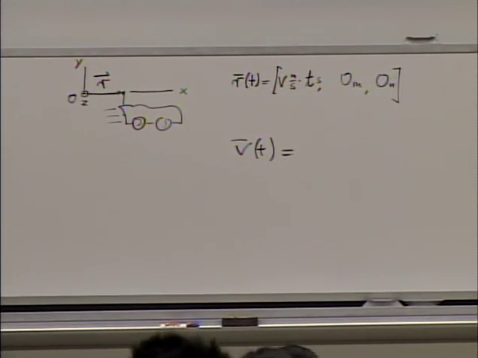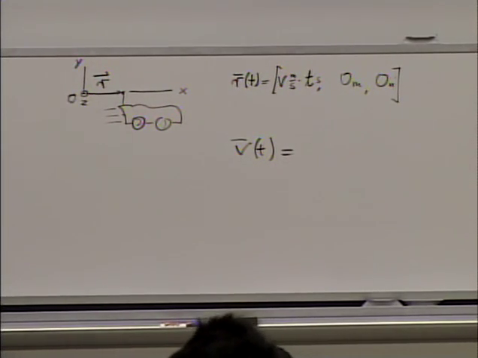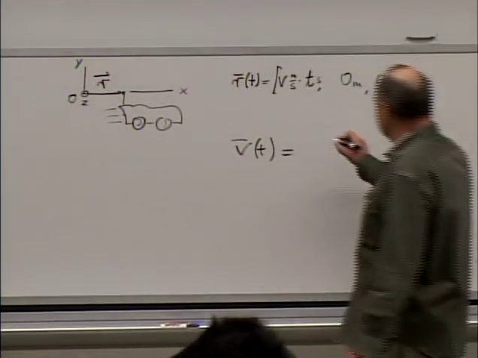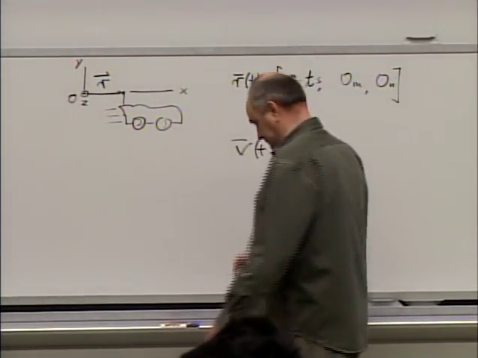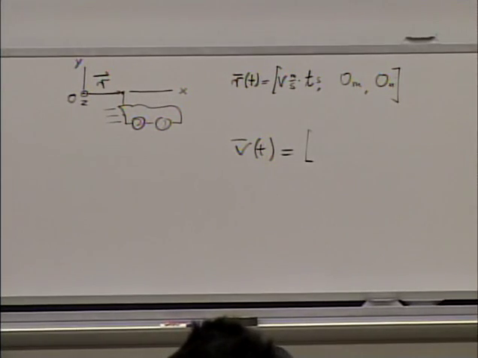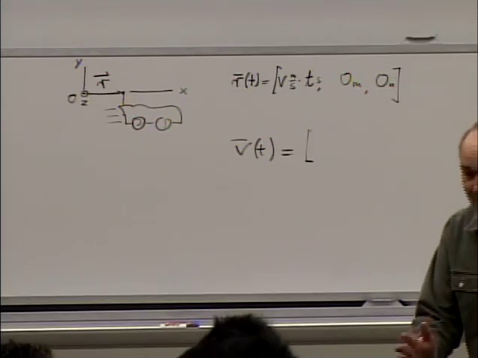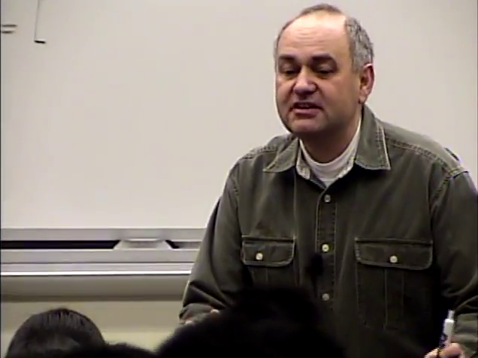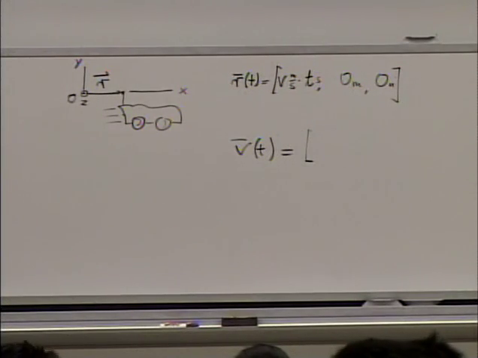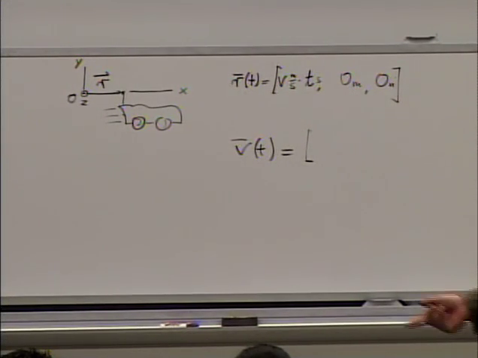Consult with each other now. Do you know it? Who knows it? Do you have an idea what we should do in order to find velocity, which we recognize is the derivative of position? Do you know how to do it?